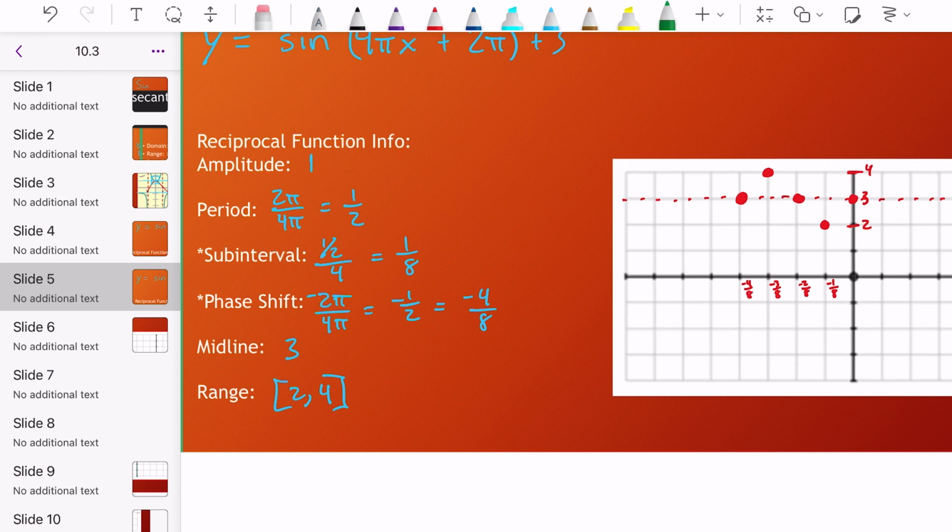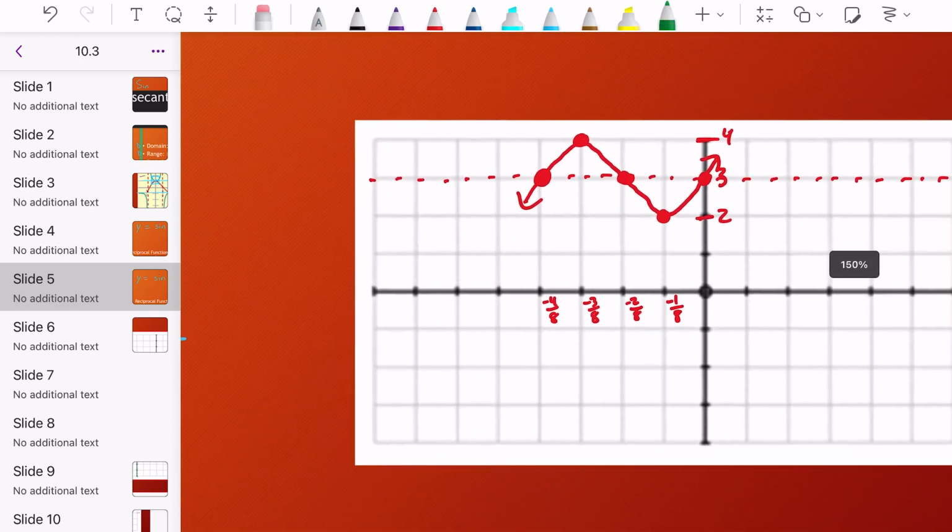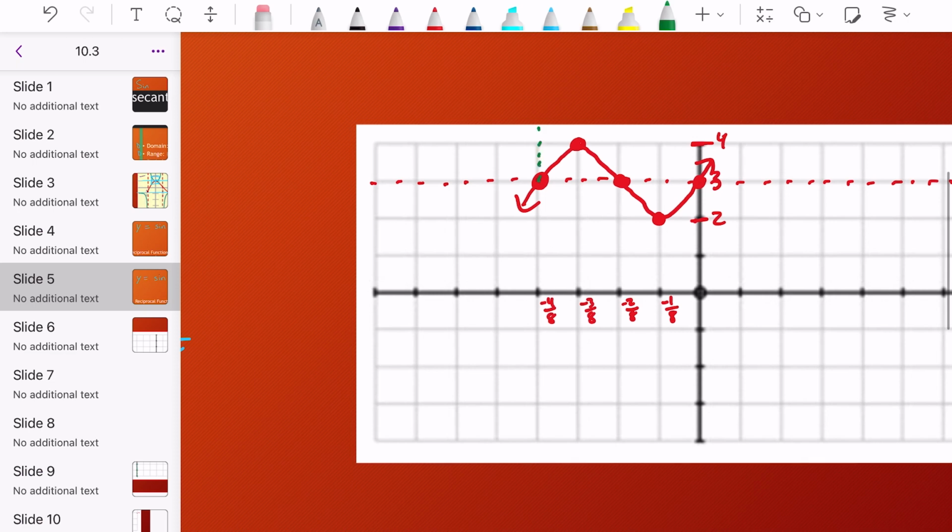This is going to show us at the same time where our asymptotes will end up being. In this case, our asymptotes will end up at -4/8, -2/8, and on the y-axis.